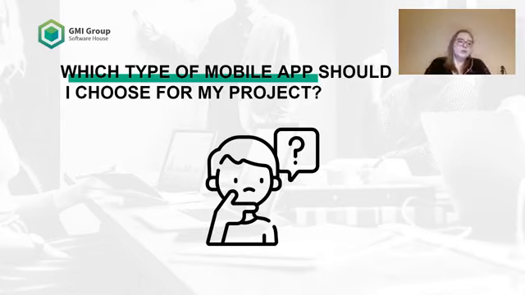Because if you want to go with the most advanced features in the next stage, you probably should think about starting from the native app if you know that you will go this way. But if you think that you'll stay with the level that you're planning right now, I think the hybrid app is the best start for your project.